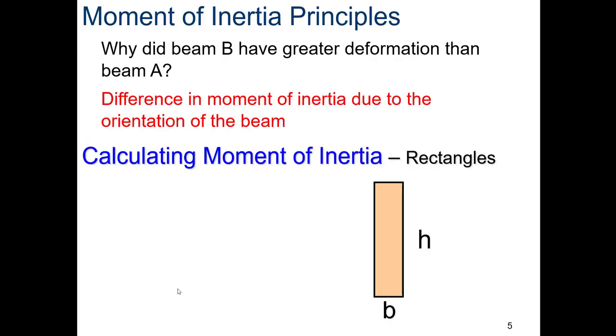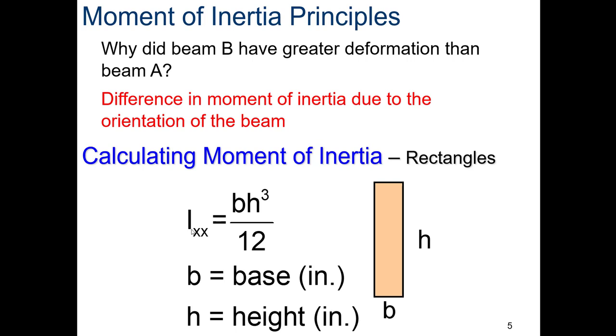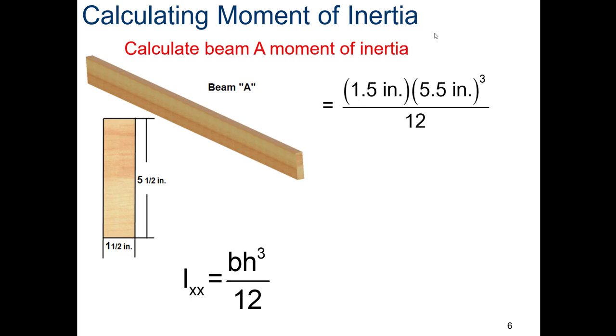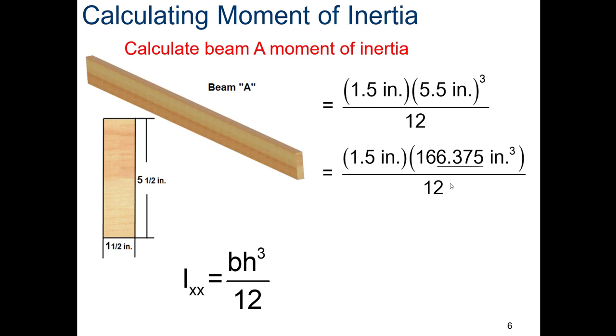So if we do the moment of inertia, base times height, so 1.5 times 5.5 cubed divided by 12. Make sure in your calculator, notice they did 5.5 cubed. That gets done first, right here, times base.